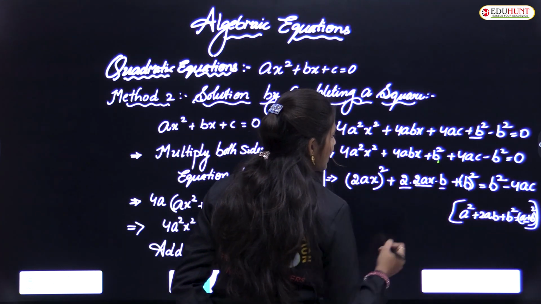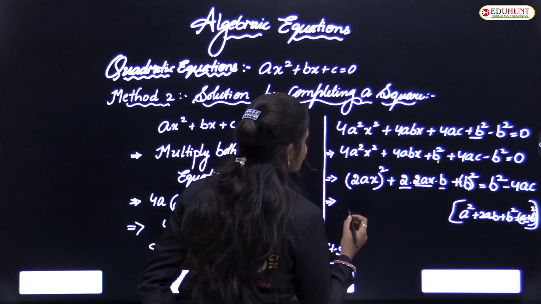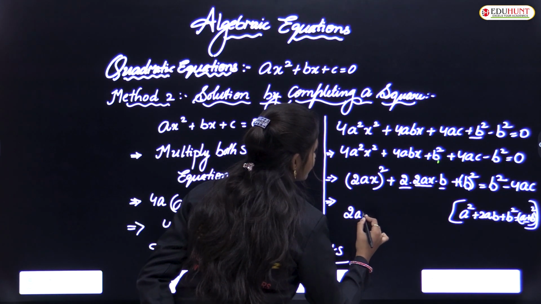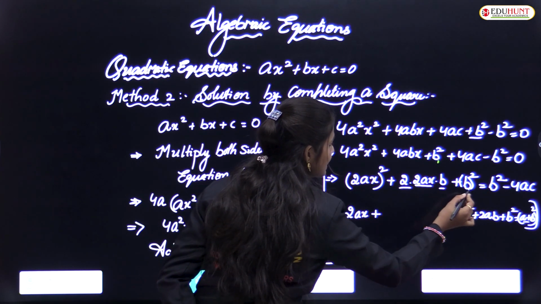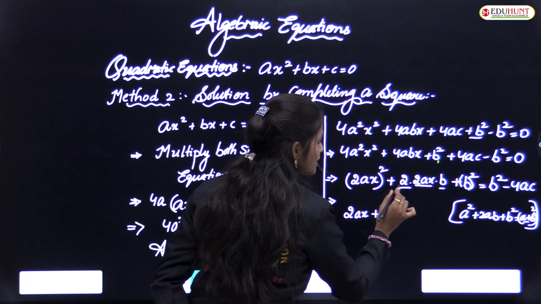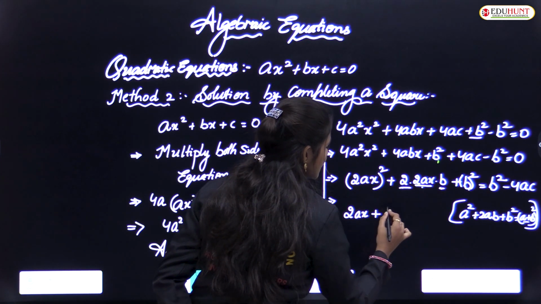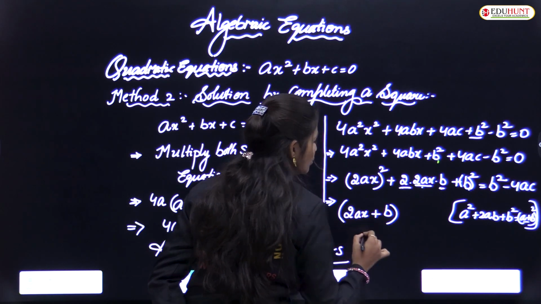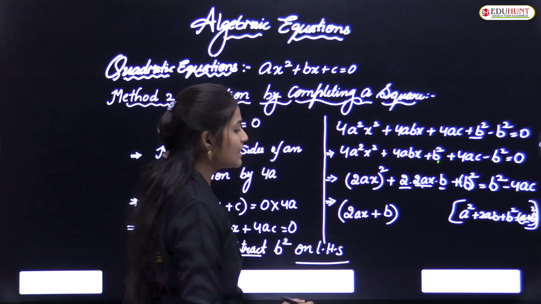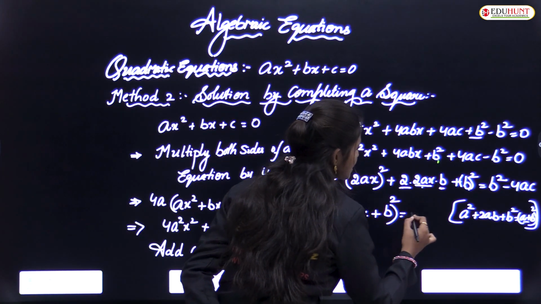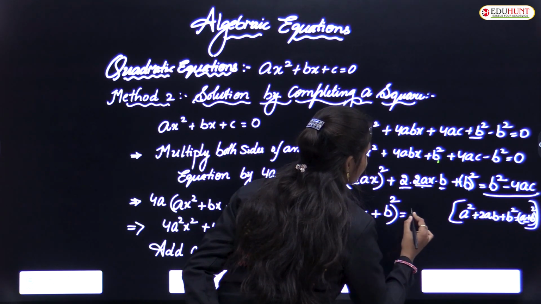So we have to write the RHS term. So here a is equal to 2ax, plus b is equal to b only. So 2ax plus b whole square is equal to the leftover terms we have to write.